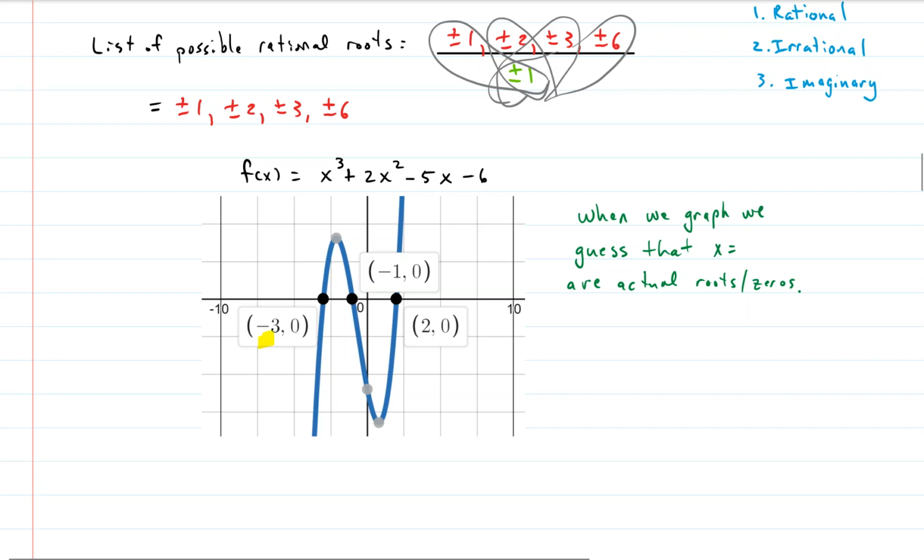So we have negative 3. Where's negative 3? So that's this right here, right? And what about this one, negative 1? That's right here, negative 1. So that will be that one.